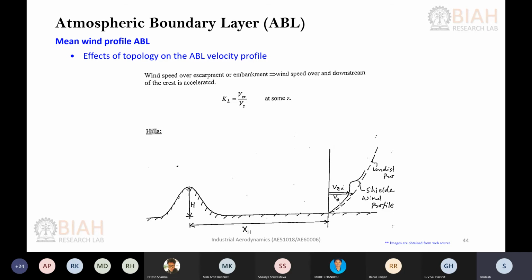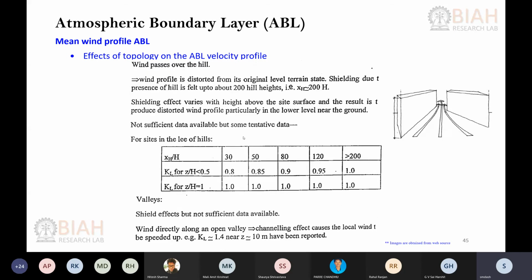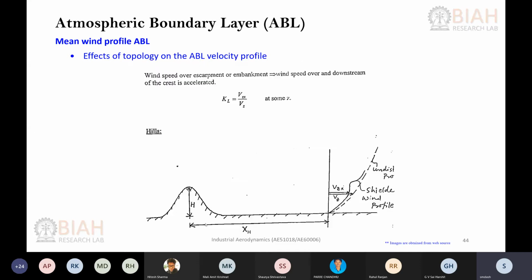So here I have the discussion: you can see xh divided by h. xh is this length, if you go away downstream on the leeward side, the distance from the crest of the hill, and h is your vertical height.